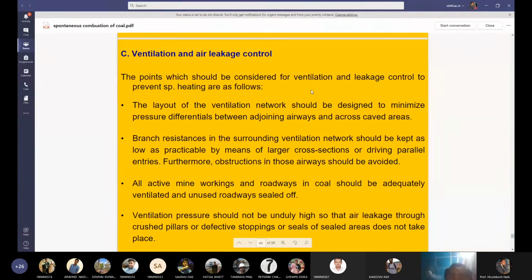Ventilation and leakage control to prevent spontaneous heating are as follows. The layout of the ventilation network should be designed to minimize pressure differentials between adjoining airways and across caved areas.